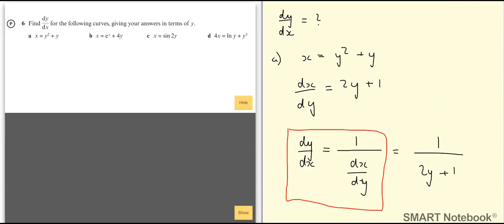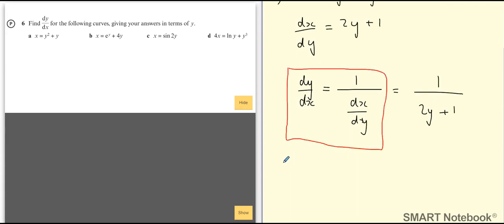So the only other thing I wanted to mention here is to find the gradient at a particular point, to find the gradient of the tangent, because it now depends on y, we need y coordinates.